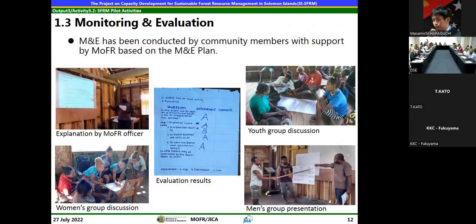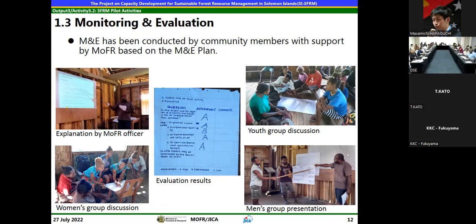Monitoring and evaluation of agroforestry activities was also conducted by the communities. What they see and how they work within the project implementation period.